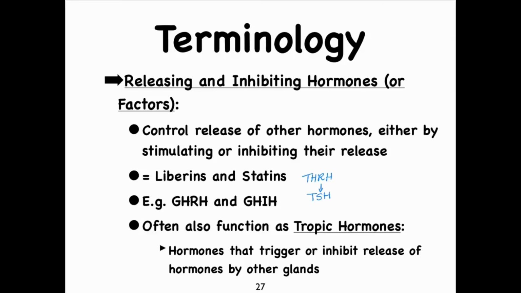So therefore this functions as a tropic hormone. And then thyroid stimulating hormone triggers the release of thyroid hormone from the thyroid gland. So TSH also functions as a tropic hormone.